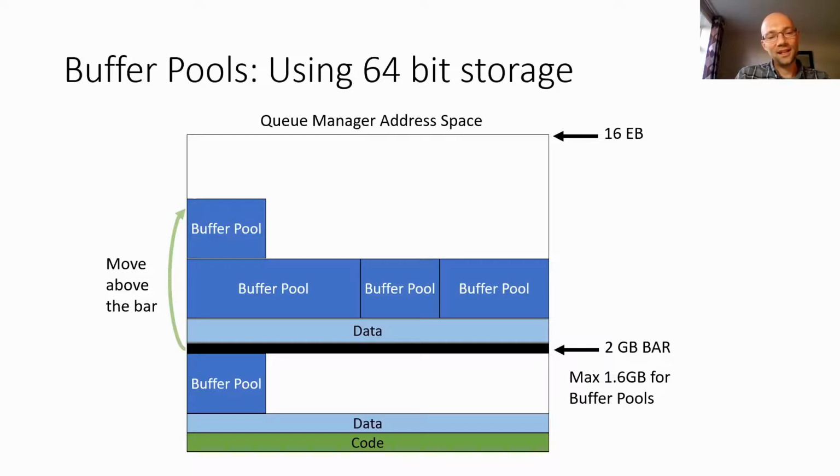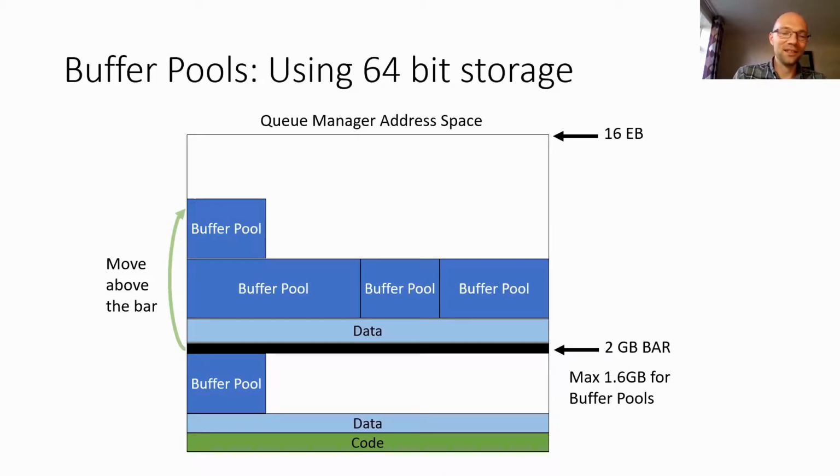And if you look at what the queue manager address space looks like below the bar, then you haven't got an awful lot of space really for the buffer pools and the data to all live there below the bar. You've probably got a maximum of 1.6 gigs for buffer pools, probably a lot less actually.